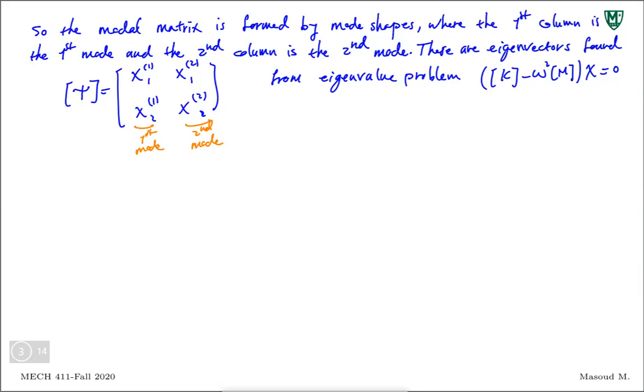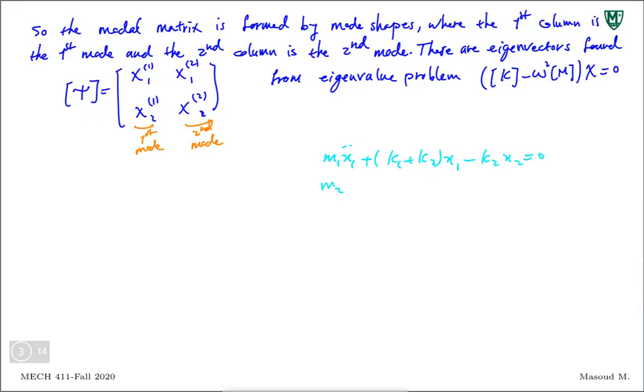I'll tell you why. Because when you're in the physical domain, the equations are coupled. What does that mean? If you remember when we were looking at the equations back then, they were like m1 x1 double dot plus, let's say, k1 plus k2 times x1 minus k2 x2.